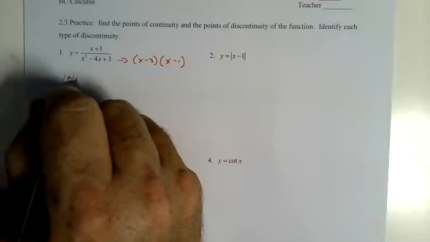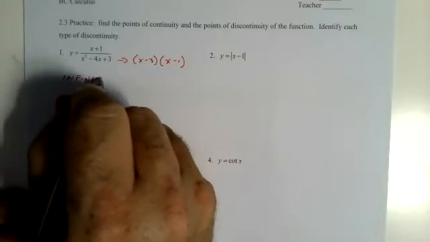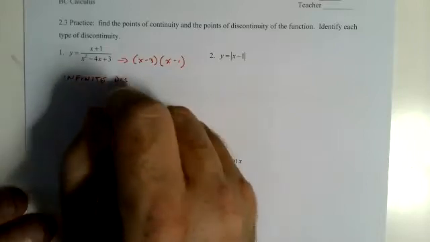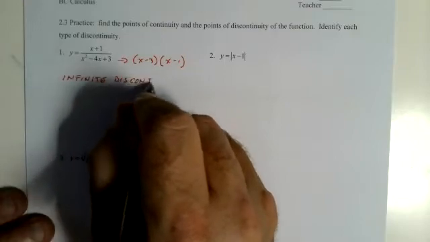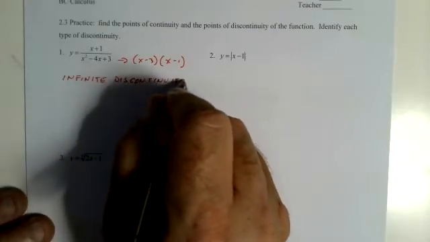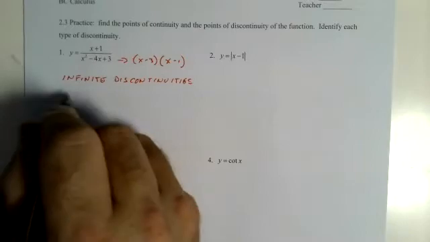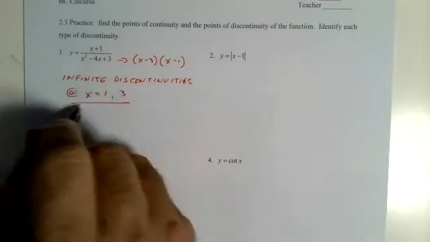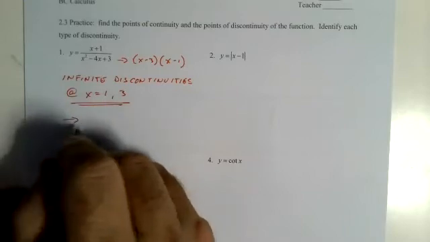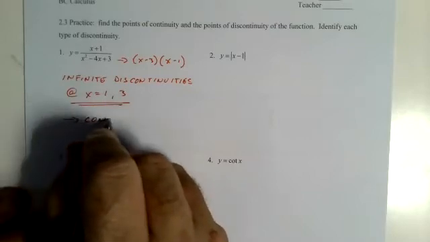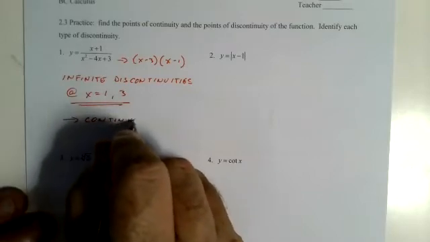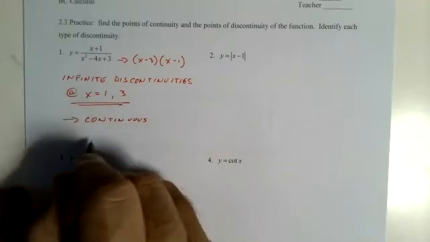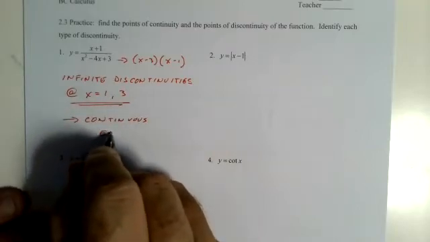So infinite discontinuities at x equals 1, 3. And then per the directions, continuous everywhere else.